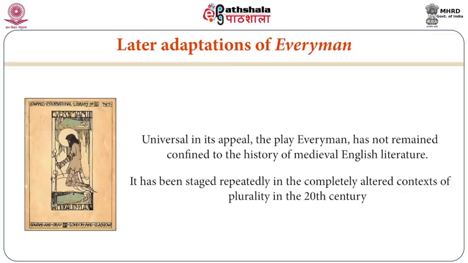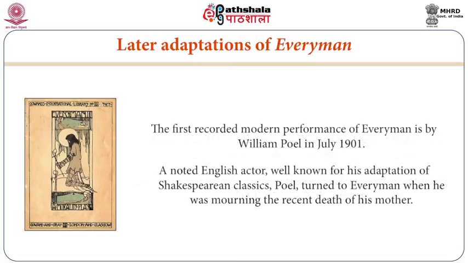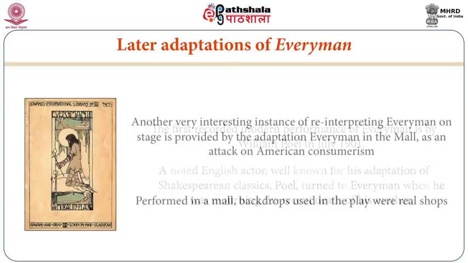It has been staged repeatedly and completely in the 20th century as well. The first recorded modern performance of Everyman is by William Poel in July 1901. A noted English actor well known for his adaptation of Shakespearean classics, Poel turned to Everyman when he was mourning the recent death of his mother.